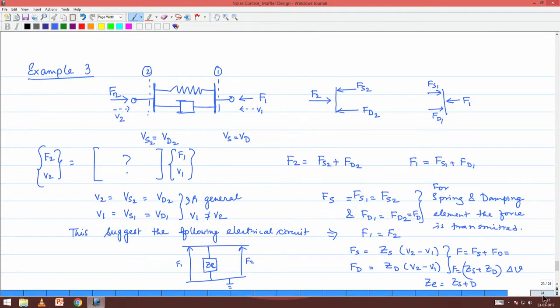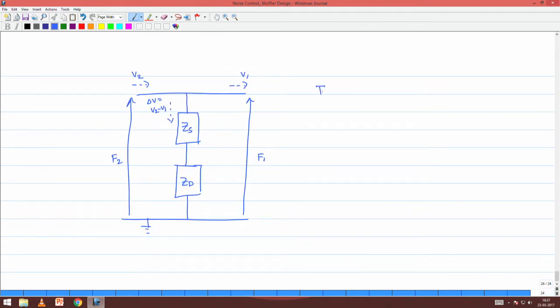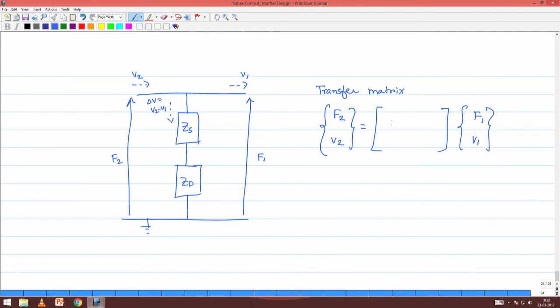And what will be the transfer matrix associated with this system? Transfer matrix will be: F2 V2 has got to be related to F1 V1, right. F2 has to be equal to F1. So, the top row of this transfer matrix is trivial, 1 0. What about the bottom row?